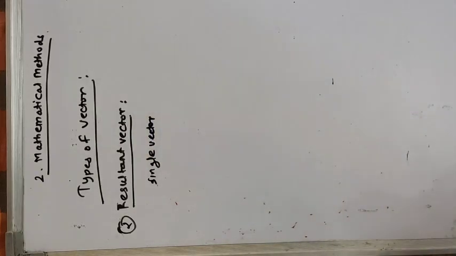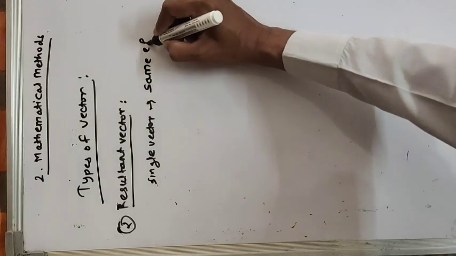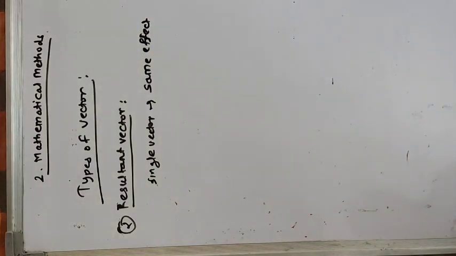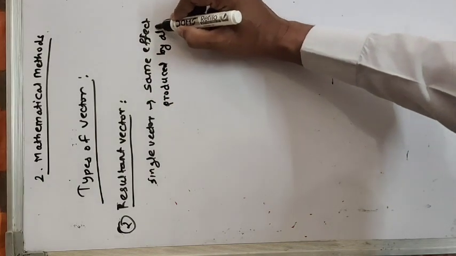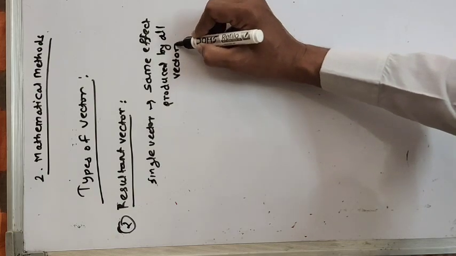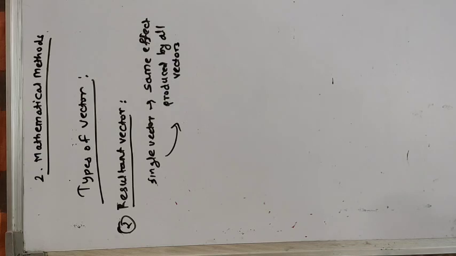So the definition is: the resultant of two or more vectors is that single vector which produces the same effect as produced by all the vectors together.